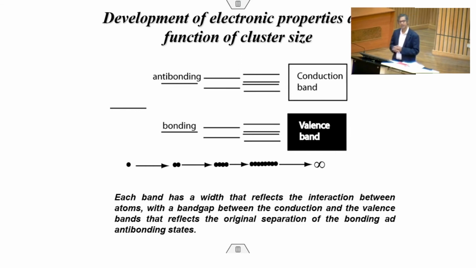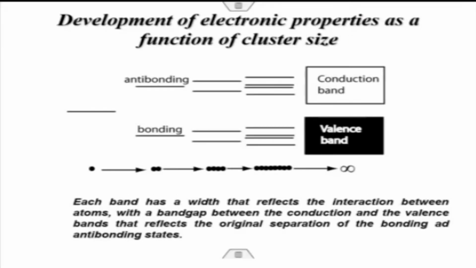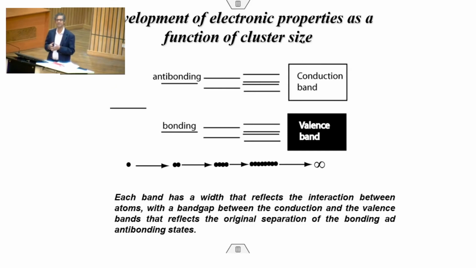So in a metal, there is overlap between the valence band and the conduction band. That means no band gap exists in a metal. So therefore, electrons can easily move from the valence band to the conduction band. That is why we say that in a metal, electrons are not bound to a specific atom, they are free. And we always call them a free electron gas, because they behave like a gas.